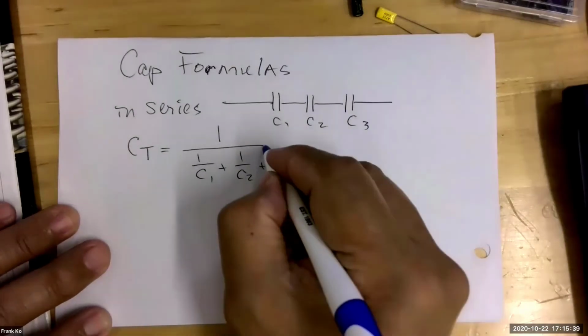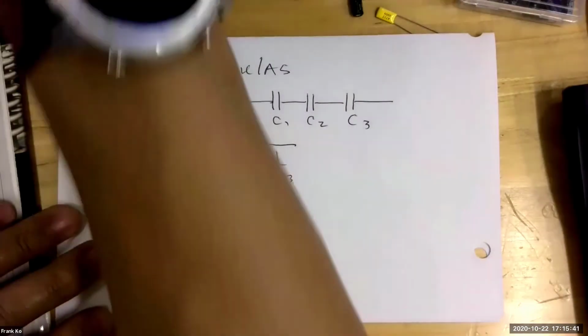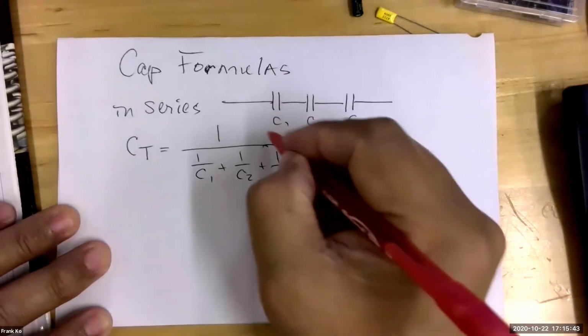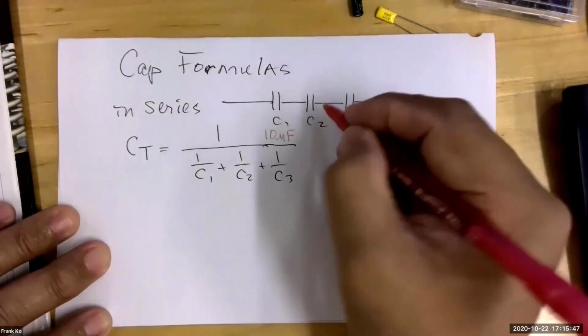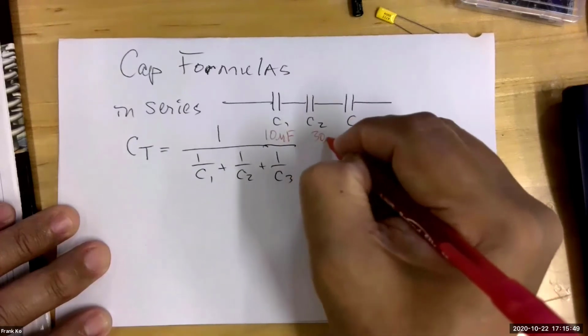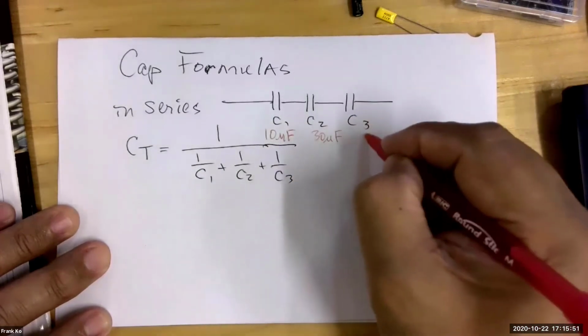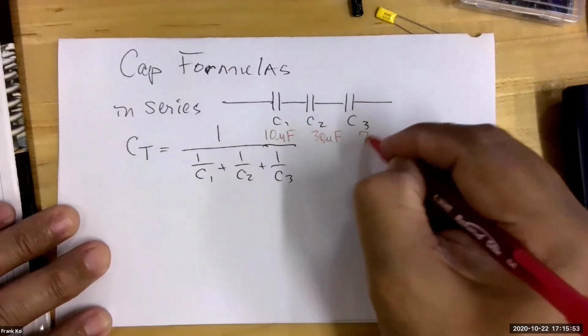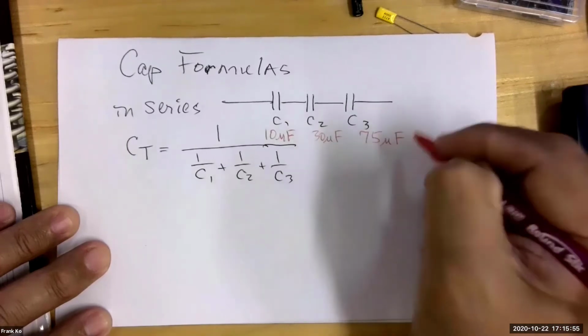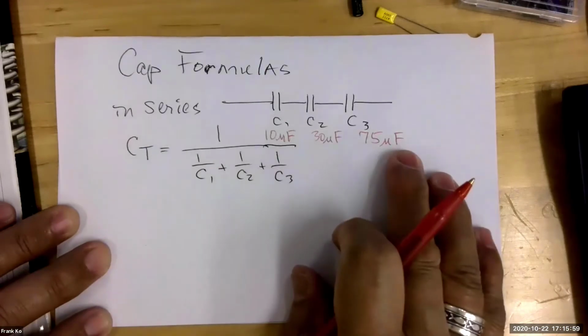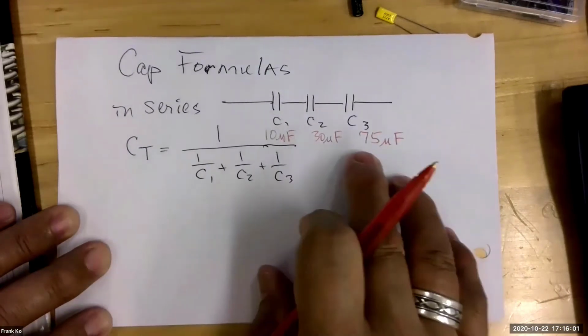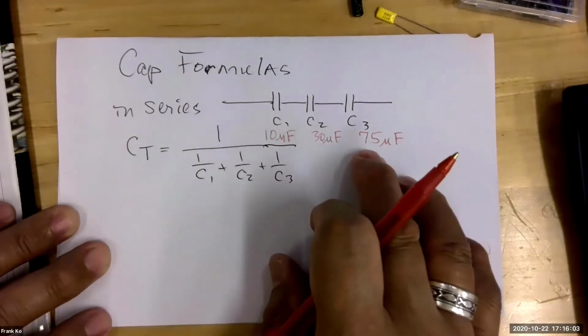So if you were presented with this, if this guy was 10 microfarad and this guy is 30 microfarad and this guy is 75 microfarad, if these were your values, you do not sum these. These would not be 10 plus 30 plus 75, 115 microfarads.